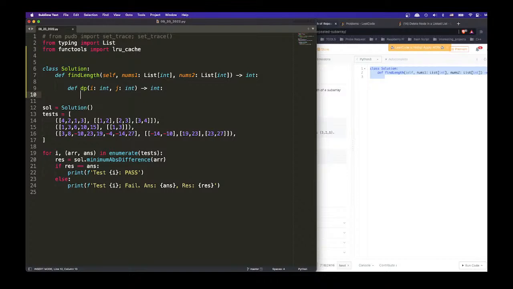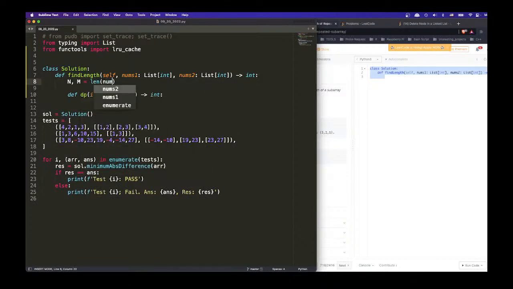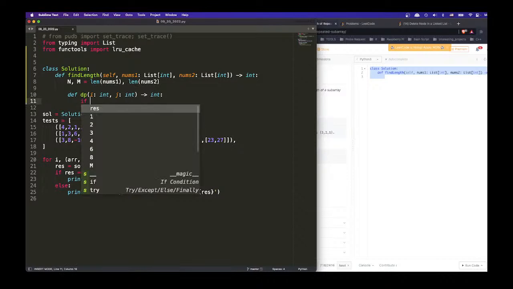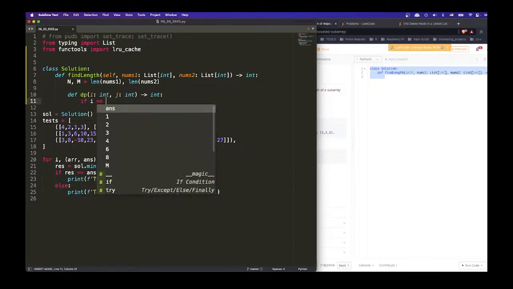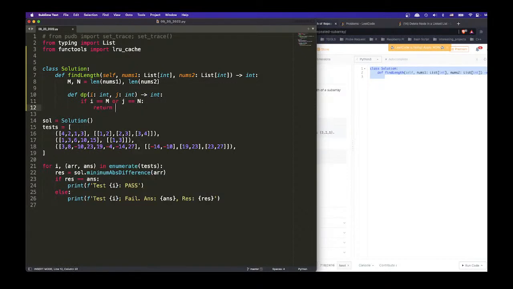So basically we say n, m, len of nums1 and len of nums2. I think if i is equal to m or j is n, return 0.